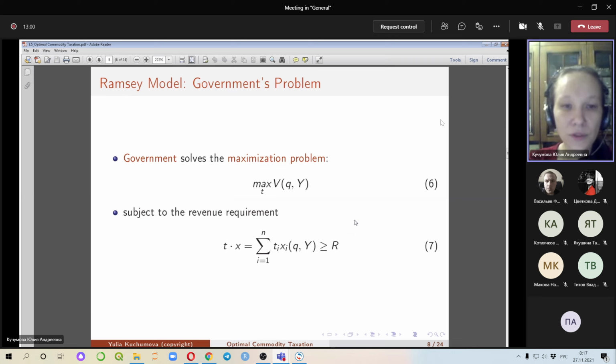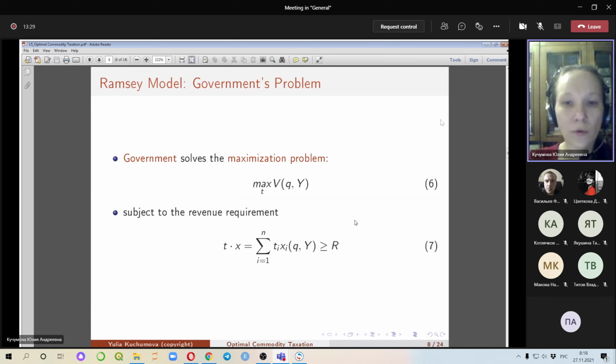The government solves a maximization problem, which is maximization of the indirect utility function of a consumer. Basically, he wants to maximize the utility of the consumer by choosing taxes, taking into consideration the behavior of the consumer.